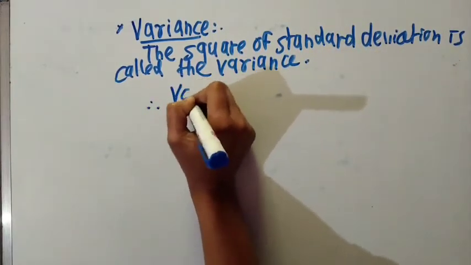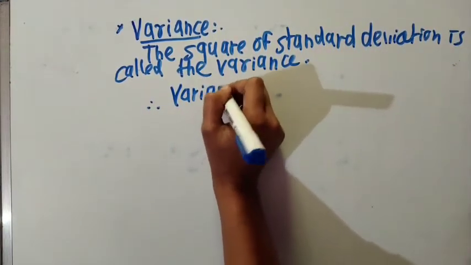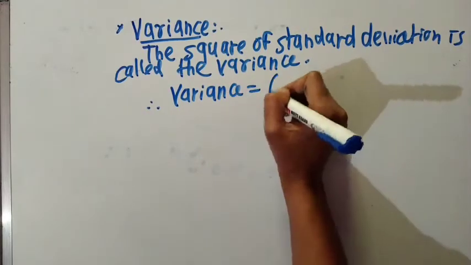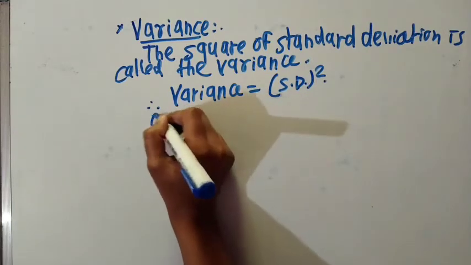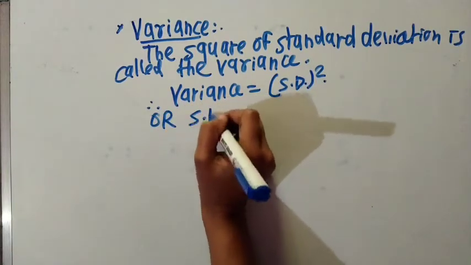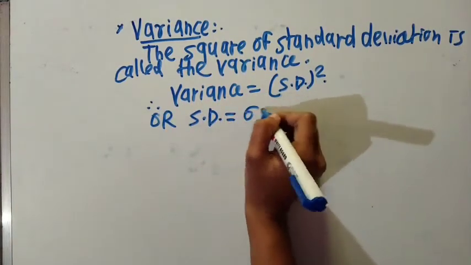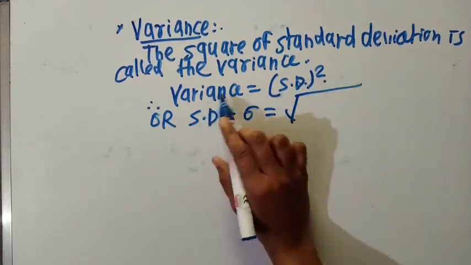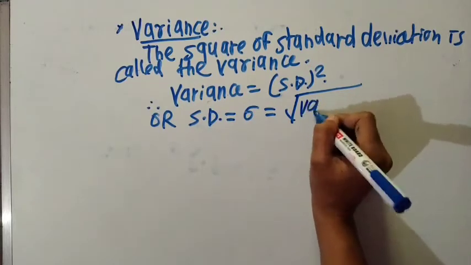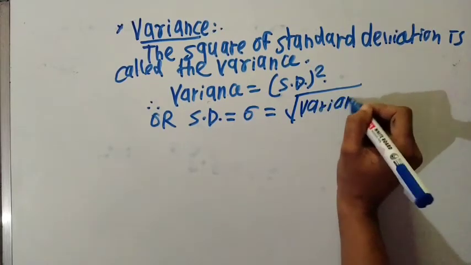Hence, variance is equal to standard deviation square, or standard deviation sigma is equal to the root of variance.